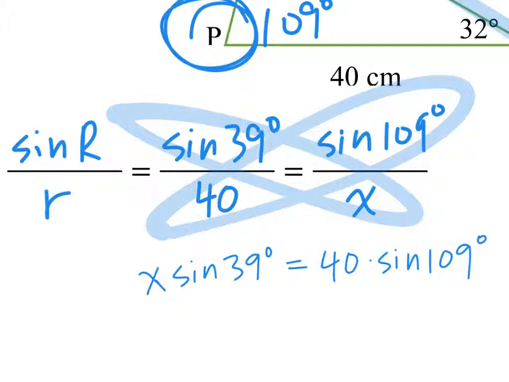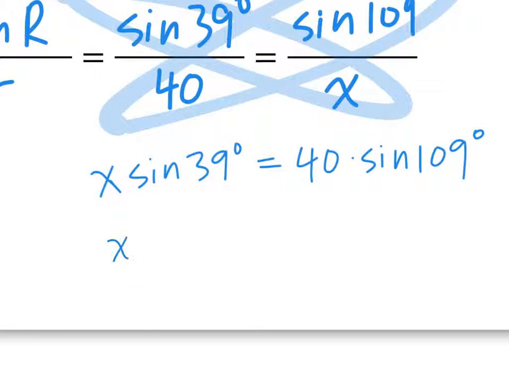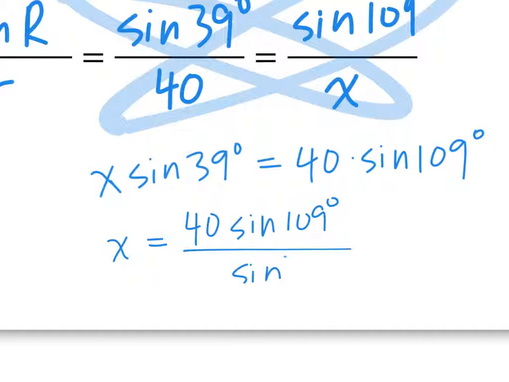Just some math skills. Now what we're going to do is divide by sine 39. Make sure you put it in your calculator correctly if you are planning to write everything out at once. That means anything in the numerator has parentheses, anything in the denominator has parentheses, so that you don't accidentally do the wrong operations.